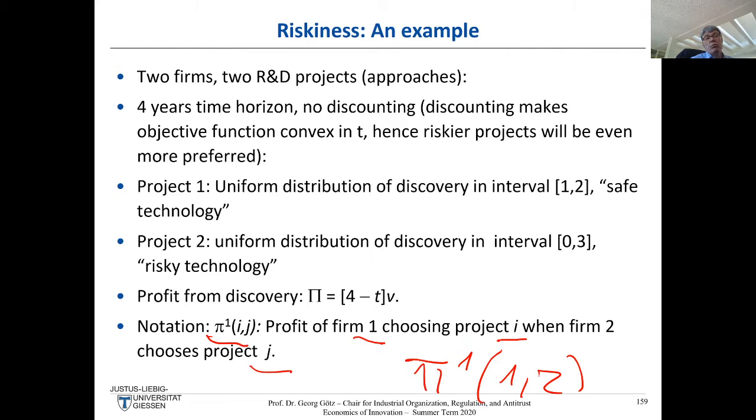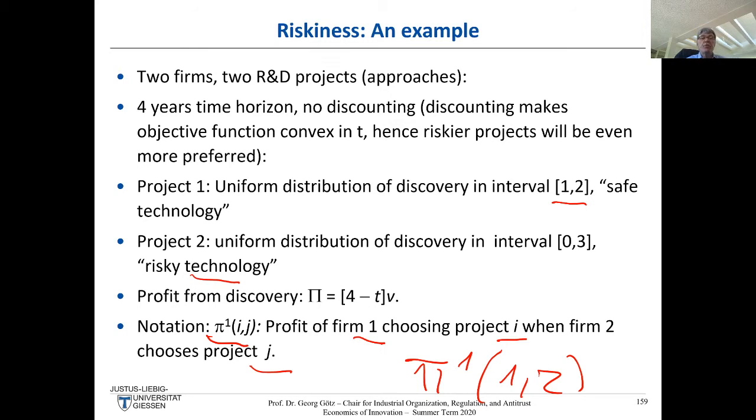Perhaps I should also tell you about the expected date of discovery. That's what I told you on the last slide: both have the same expected date of discovery, which is in each case 1.5 years. So both technologies have the same expected date of discovery, therefore the same expected profit, but it's quite obvious that project 2 is the more risky one.